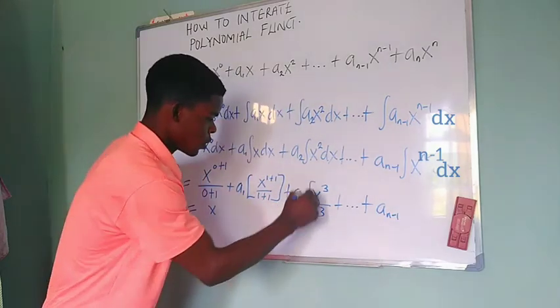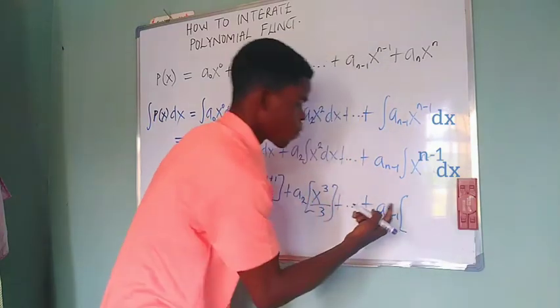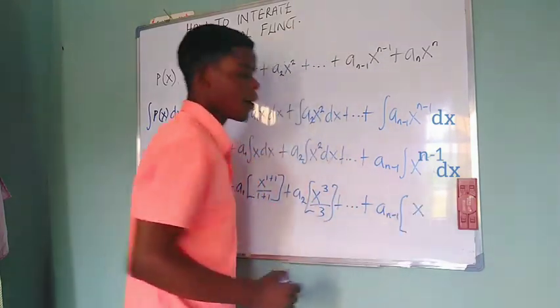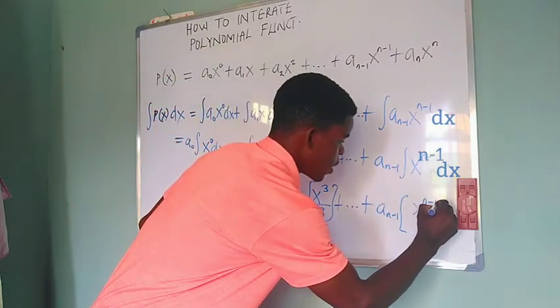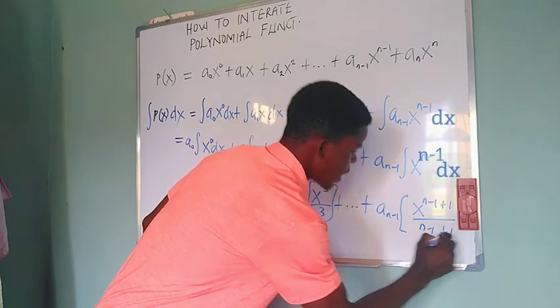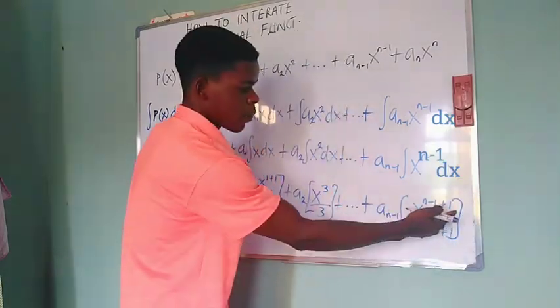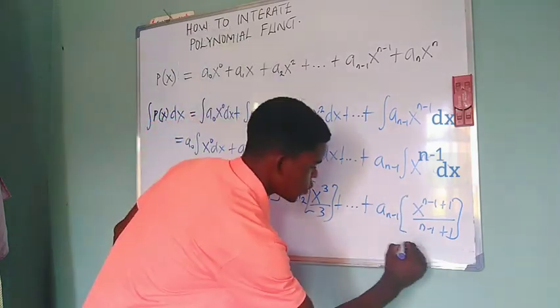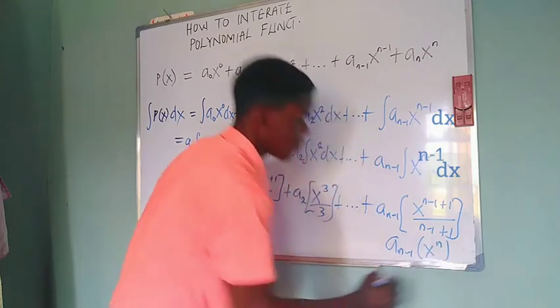This is a product, so I can just use it like this. Very good. Well, we will have x to the power what? This is just power n, isn't it? N minus 1, we add 1 to that, divided by n minus 1, we add 1 to that. Where negative 1 or positive 1 gets to 0, so we just have an minus 1 times x to power n, right?